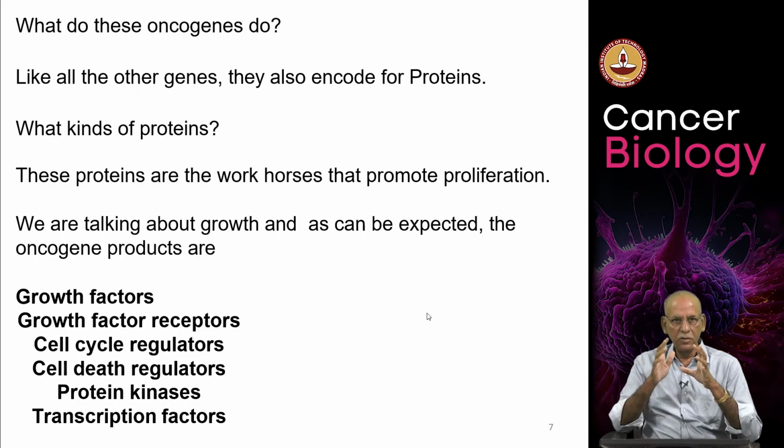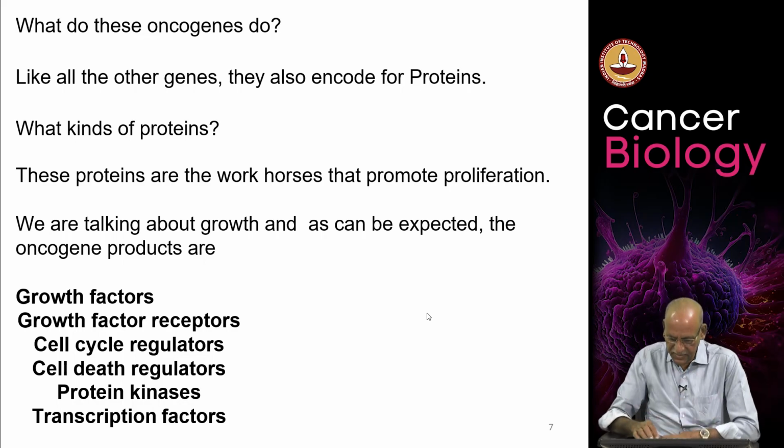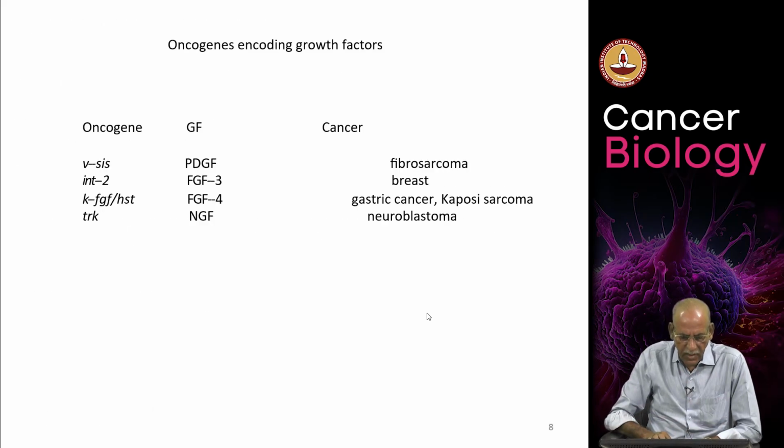There are more than 30-40 oncogenes known, maybe more than that. Many oncogenes are known, but they will all fit into one of these categories. They will code for either growth factors or growth factor receptors, cell cycle regulators, cell death regulators, protein kinases and transcription factors. We will look at some of them.